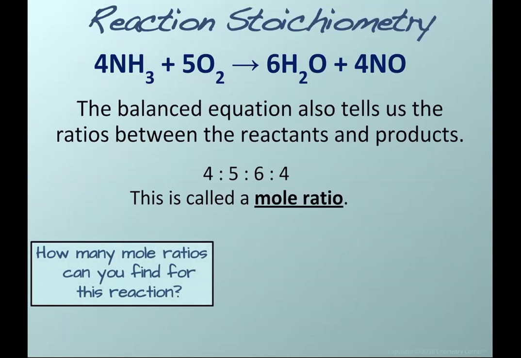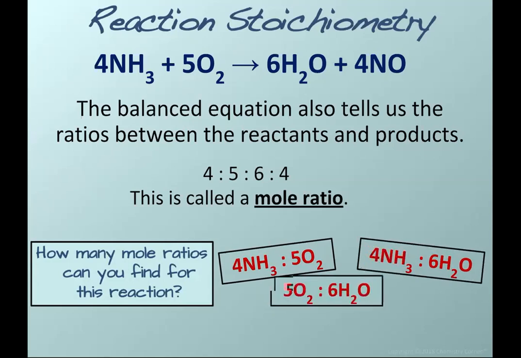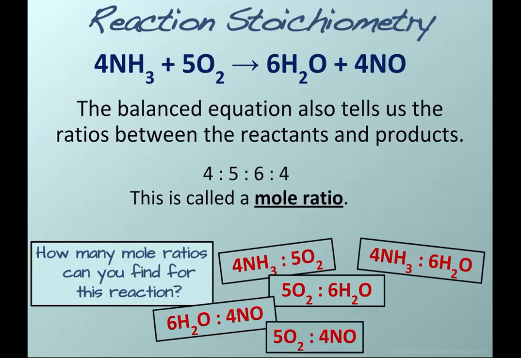Well, we could say 4 NH3s to 5 O2s, 4 NH3s to 6 H2O, 5 oxygen to 6 H2O, 6 H2O to 4 NO, 5 O2 to 4 NO, 4 NH3 to 4 NO. Okay, we can find all of those different ratios.